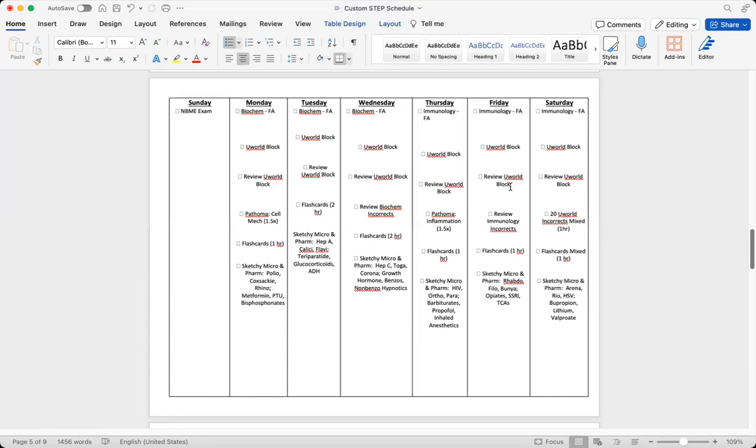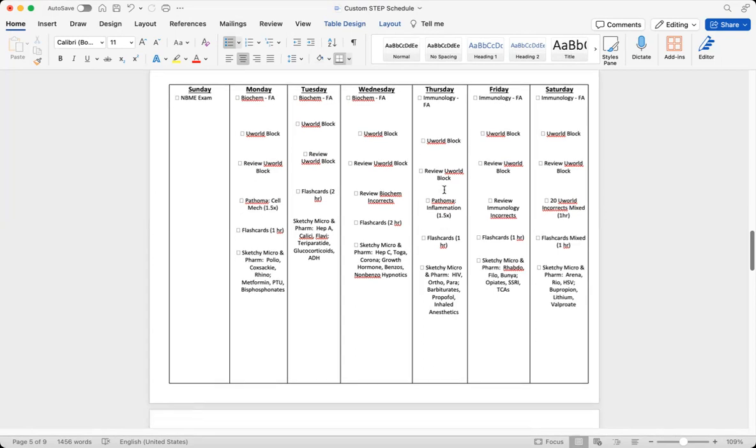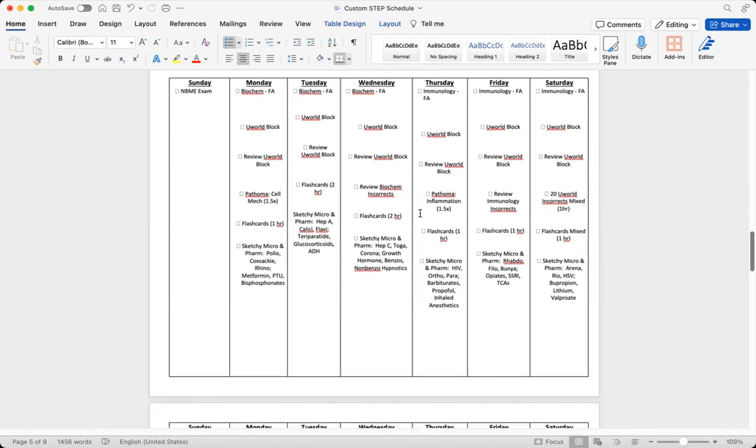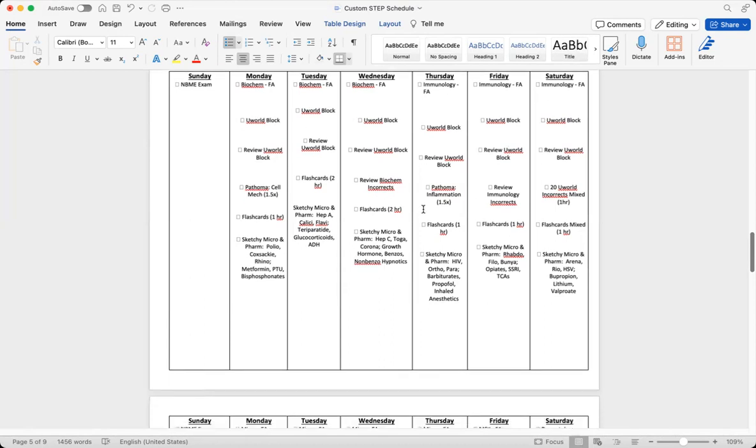Get the diseases down, but you don't actually have to really memorize what the CCR5 or CXCR4 for HIV does. You're not going to be asked those questions. And the amount of brain power that it takes to memorize all of that stuff is not going to be equal to the reward that you will see on the exam.